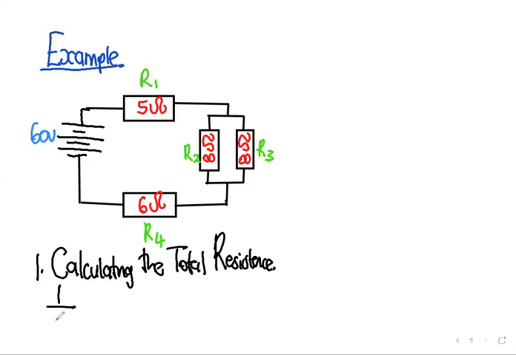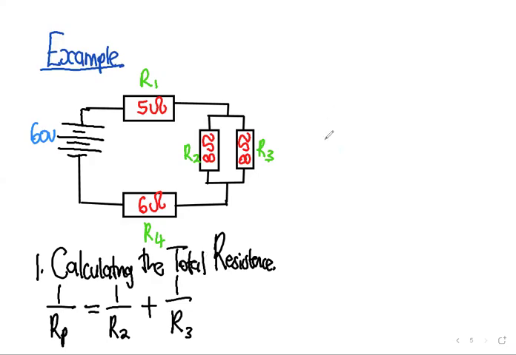So that's gonna be 1 over R parallel, which we say RP. It's still one and the same thing, it doesn't matter, right? It's gonna be equal to 1 over R2 plus 1 over R3, which is the third resistor there.